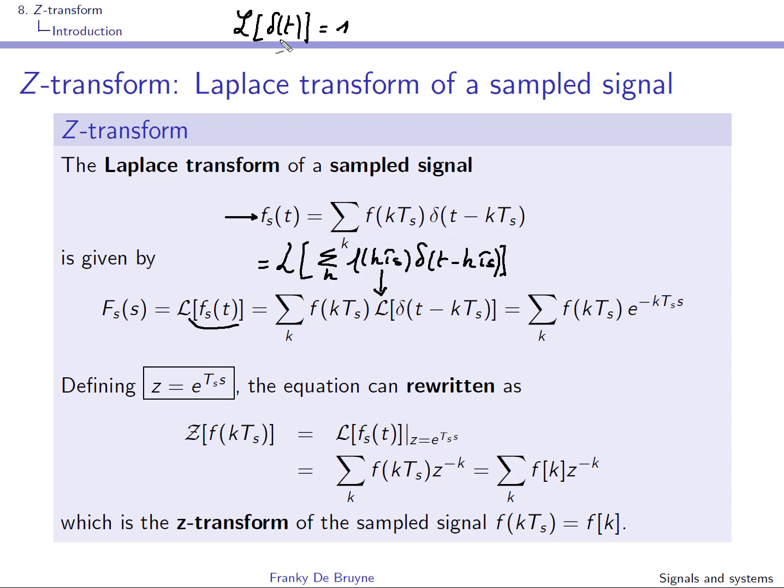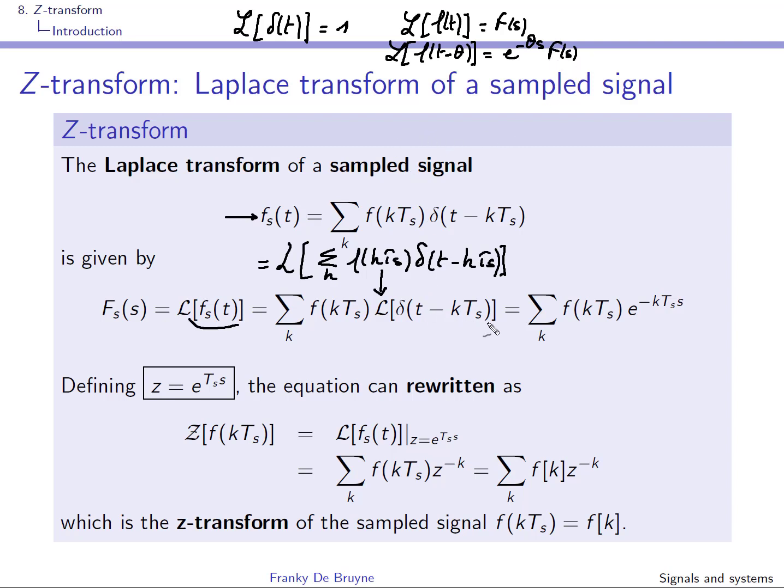Now you can start from the definition of the Laplace transform, and you should also be able to show that if you have the Laplace transform of f of t, and it is F of s, then if you do the time shifting of the function f of t by a quantity tau, well, the Laplace transform will be e to the minus tau s F of s.